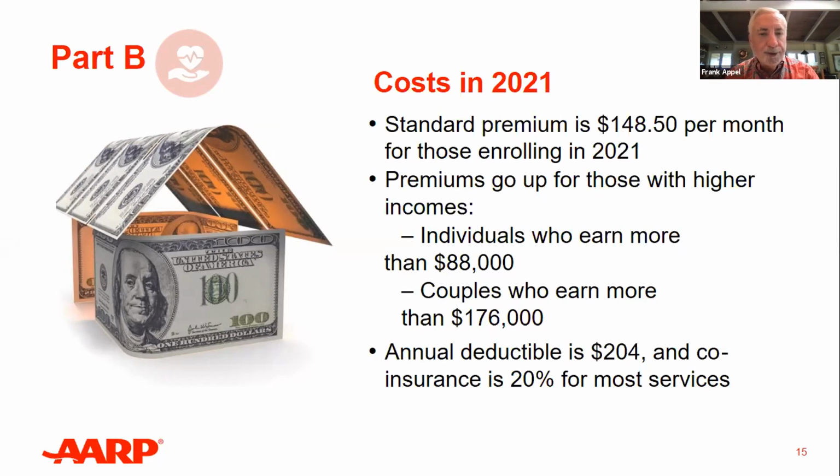There is an annual deductible for Part B, which is this year $204. And for Part B, almost all services have a coinsurance of 20%. That means that Medicare pays 80% of the cost and you have to pay 20%.